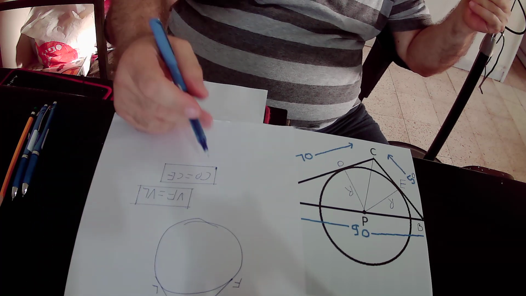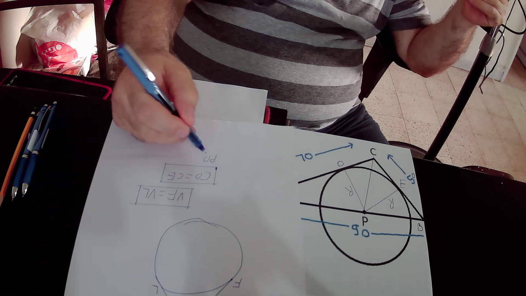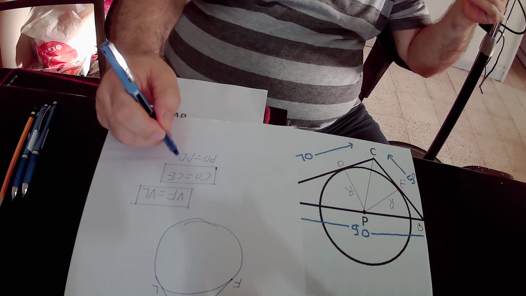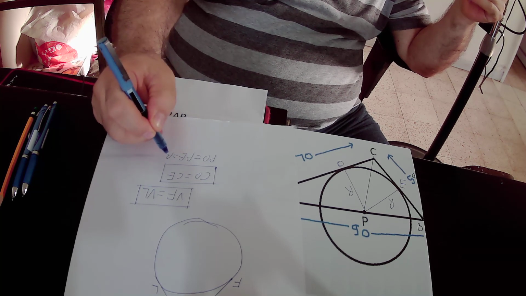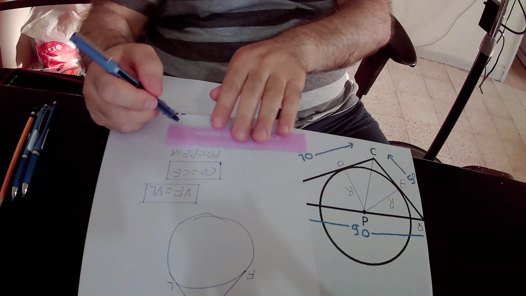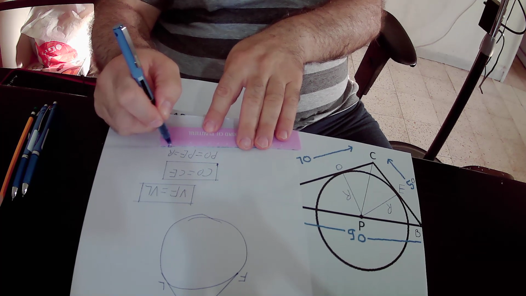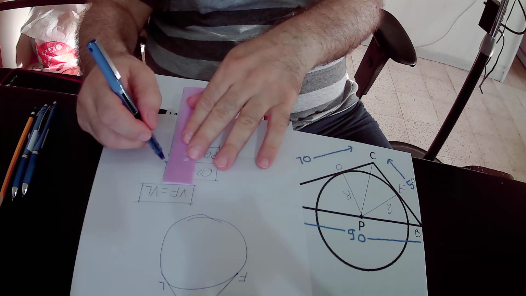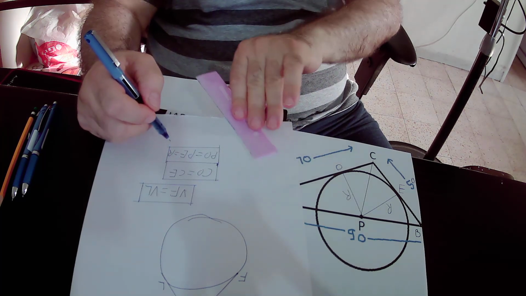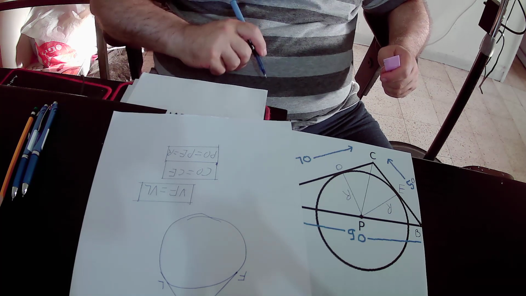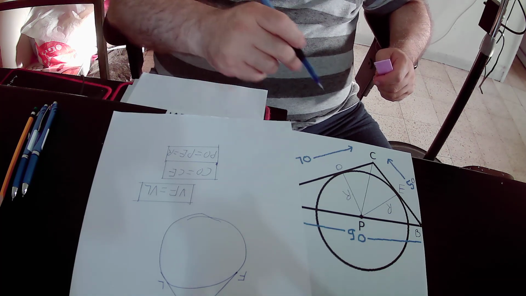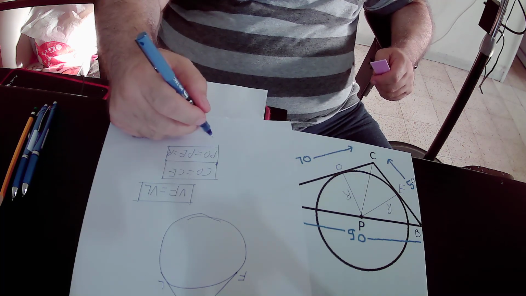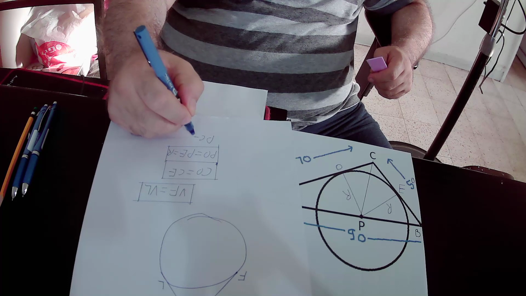So we can write that PO equals PE equals the radius of the circle. And also PC equals itself. We can write down that PC equals PC.